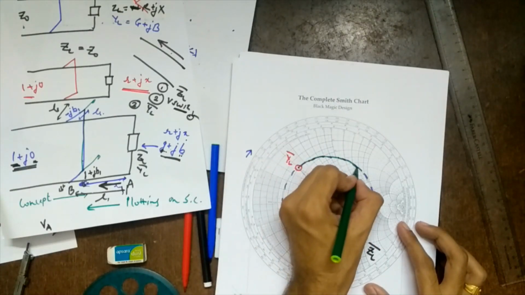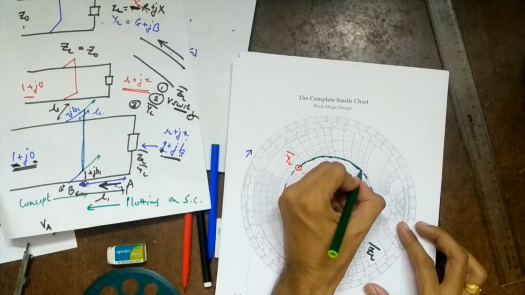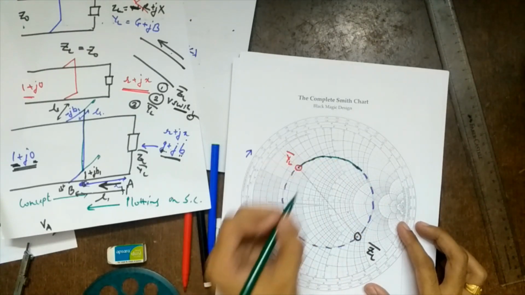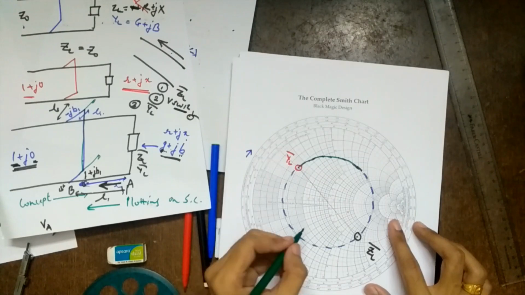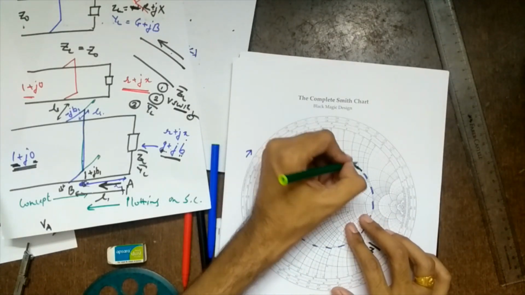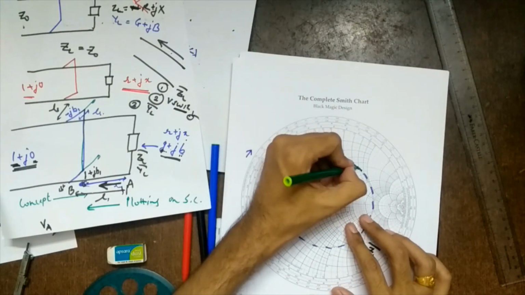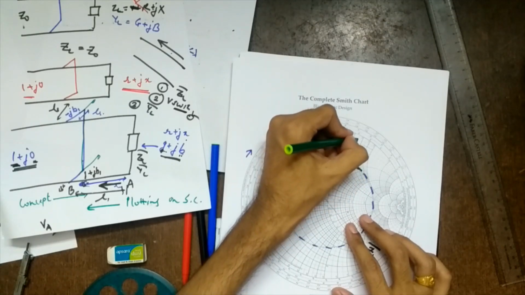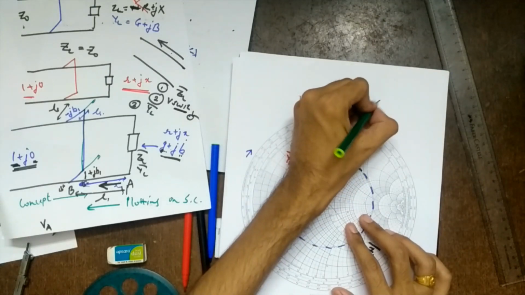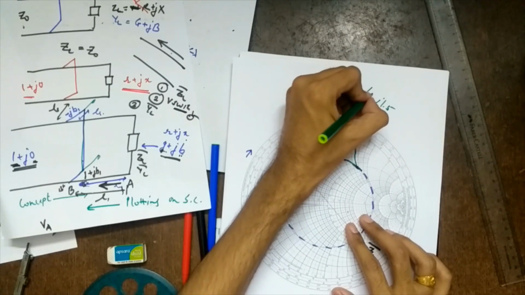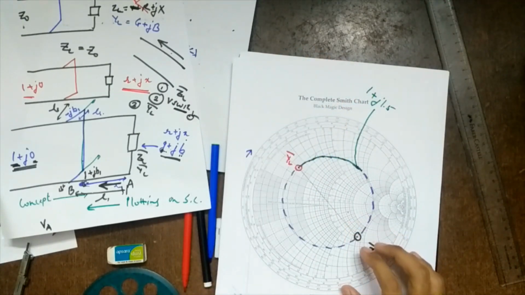Where is G equal to 1? Here, so you stop here. Then measure the reactance. It comes out to be j1.5 and the resistance is 1. So the point is 1 plus j1.5.